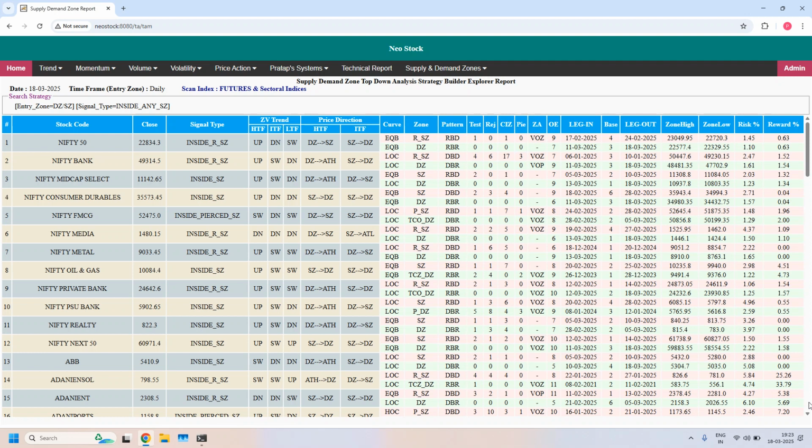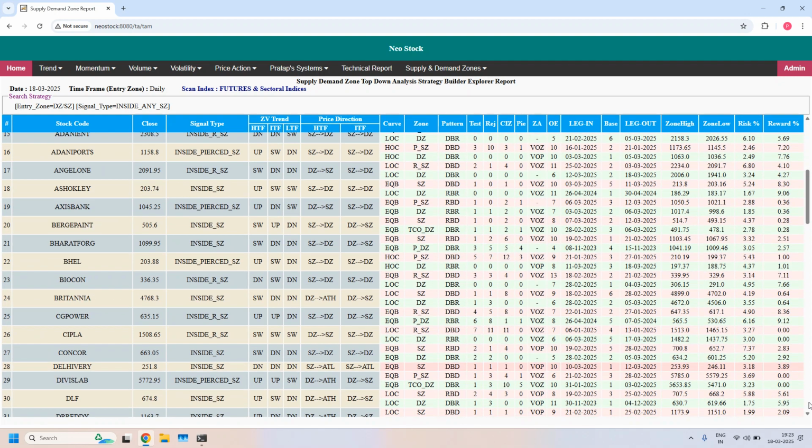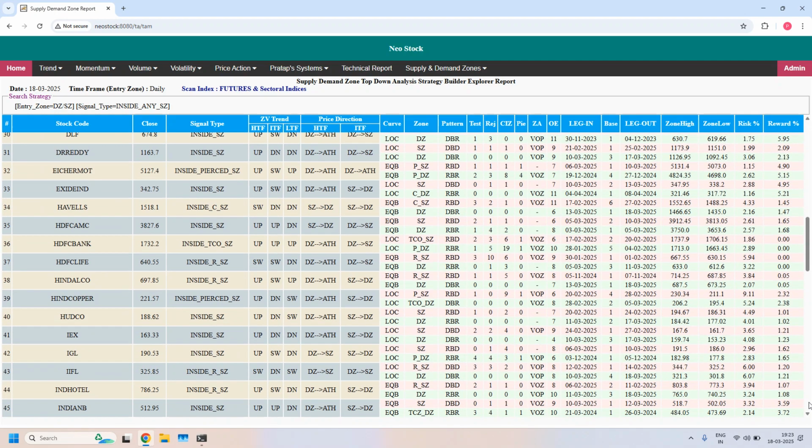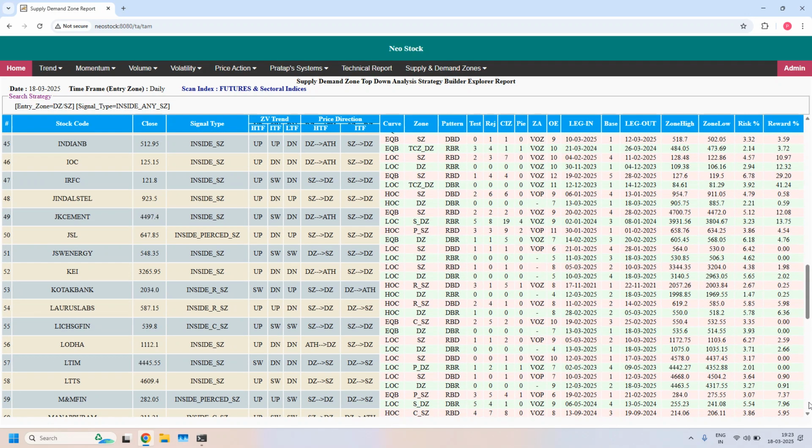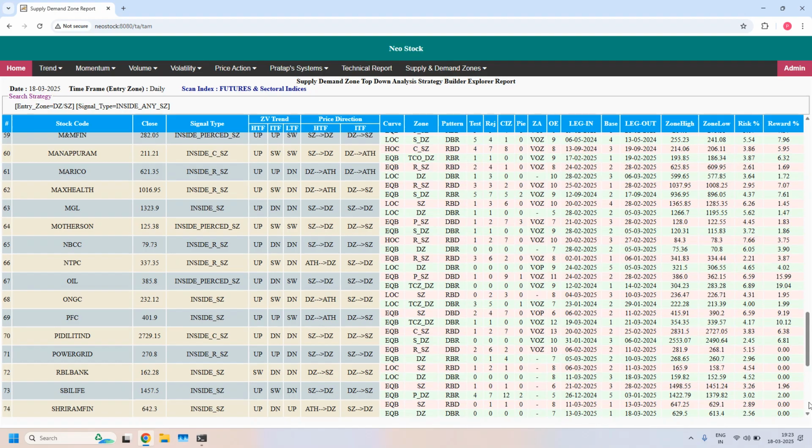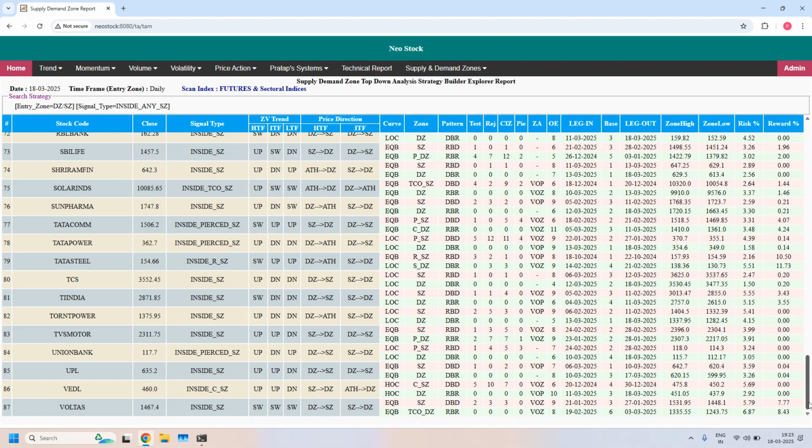I'm scrolling the list down. So total 87 stocks are filtered.